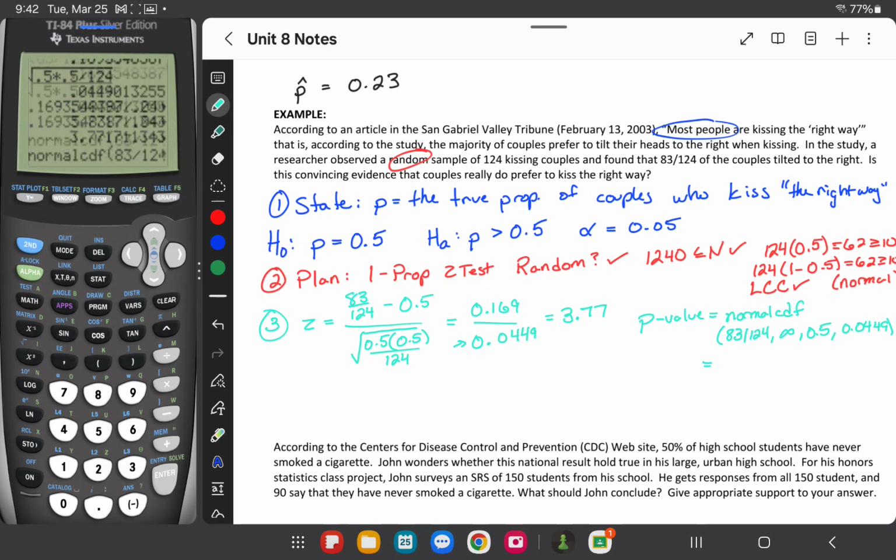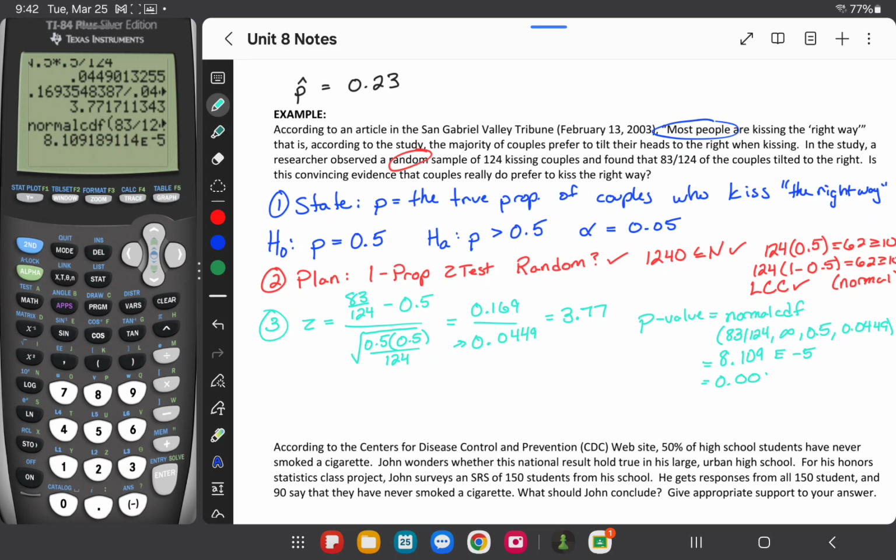And when you're ready, go ahead and hit paste and hit enter. So we've got 8.109 multiplied by 10 to the negative fifth power. If you really like to see what the actual decimal is, just move that 5 places to the left. And here is your p-value as a regular decimal, in other words, 0.00008109.